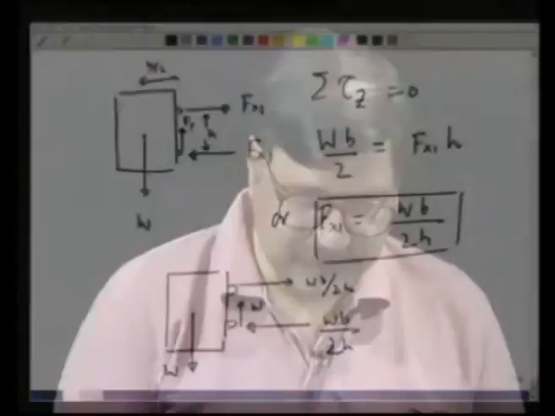How about the supports themselves? If I look at the support, this is the wall, this is one support, this is the other support. The upper support is pulling the gate in by a force Fx1, which is Wb over 2h, and therefore the gate must be pulling, by Newton's third law, the support in this direction with Wb over 2h.